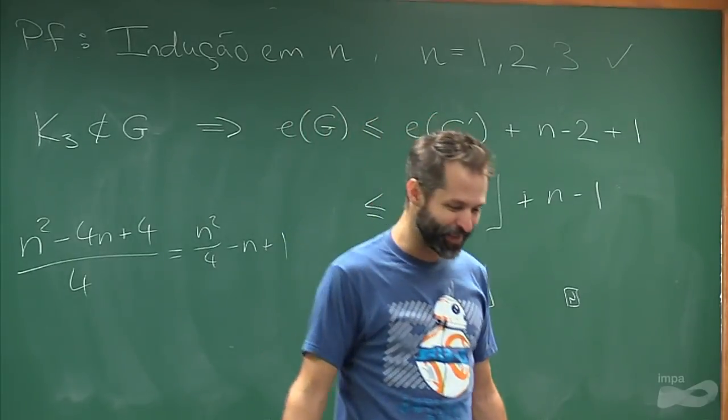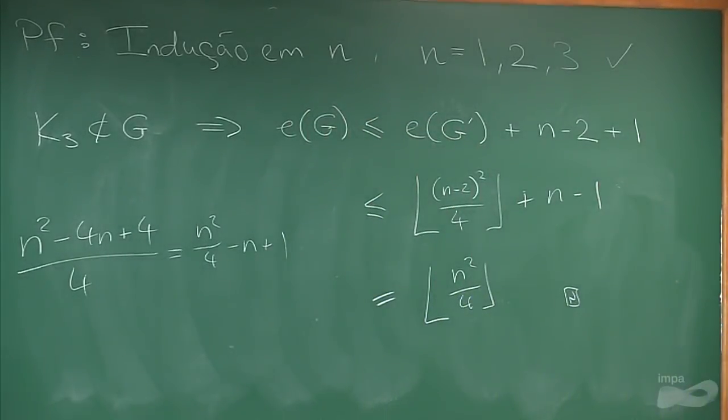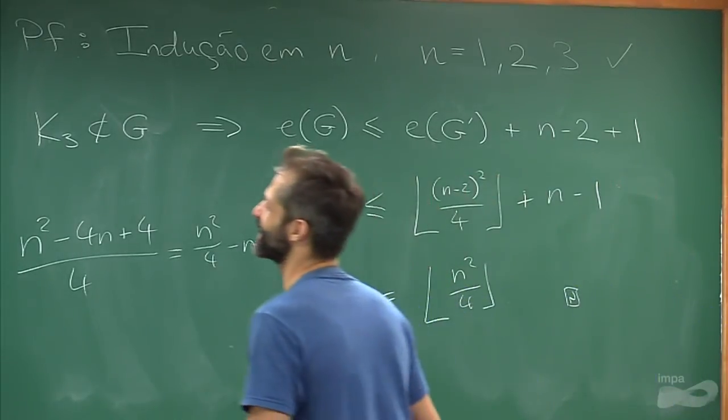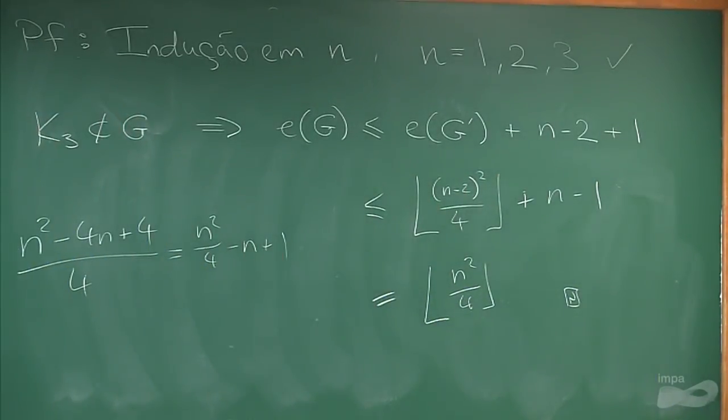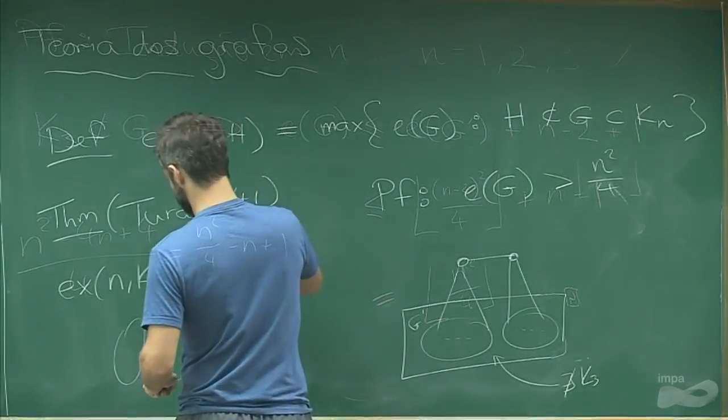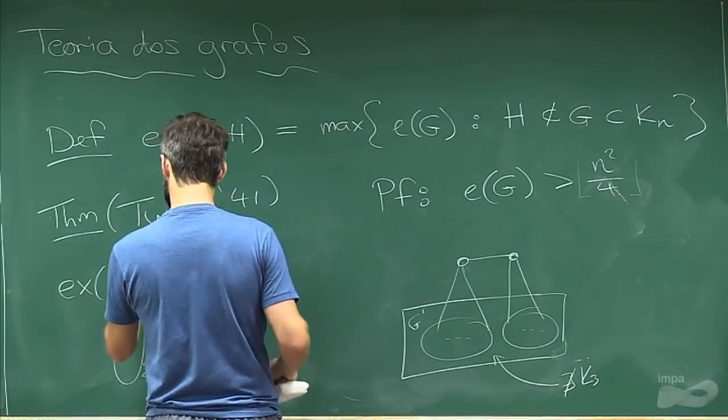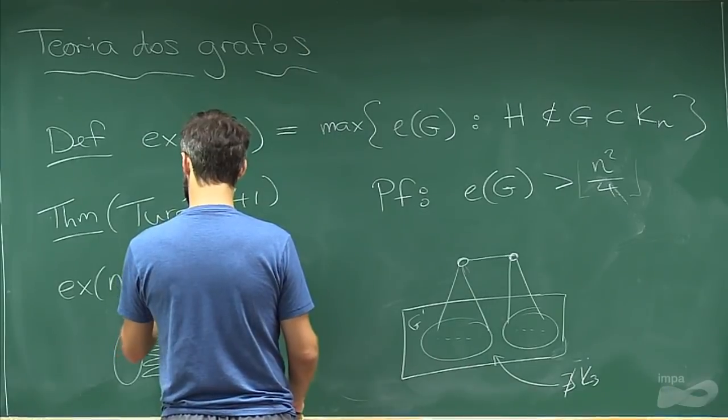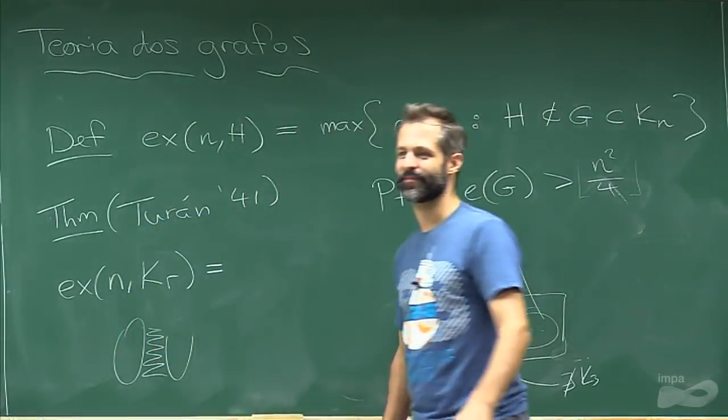And so I had to wait another 34 years before Turan came along and thought to generalize it. So what is the extremal number of K_r?